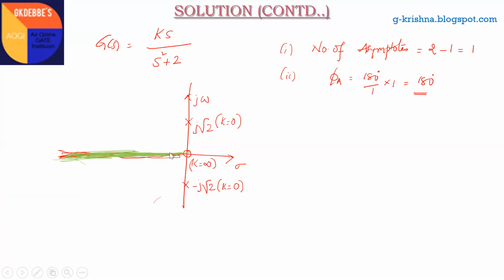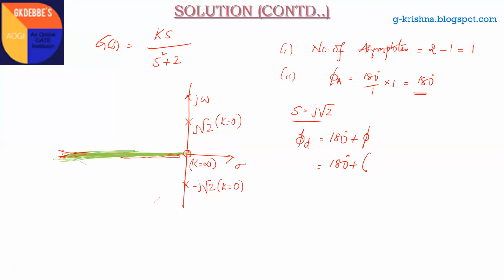Next, we have to find the angle of departure of these poles which are lying on the j omega axis. How to find the angle of departure of j root 2? The formula is angle of departure equals 180 plus phi, where phi is the phase angle of the open loop transfer function at that pole.